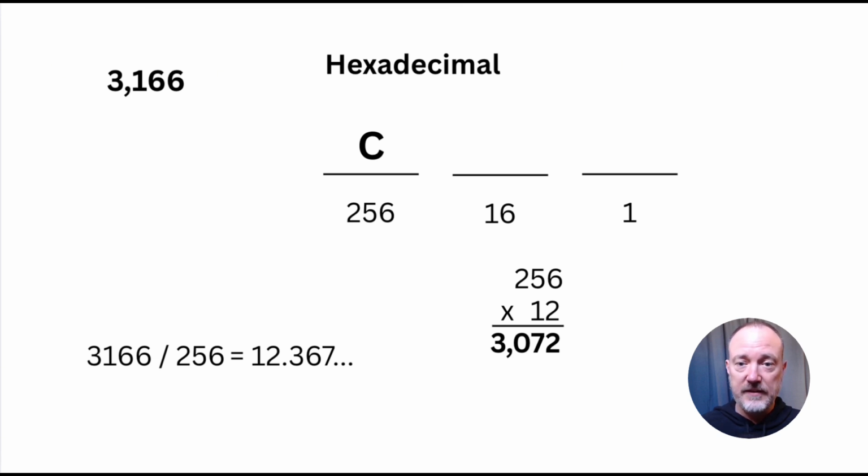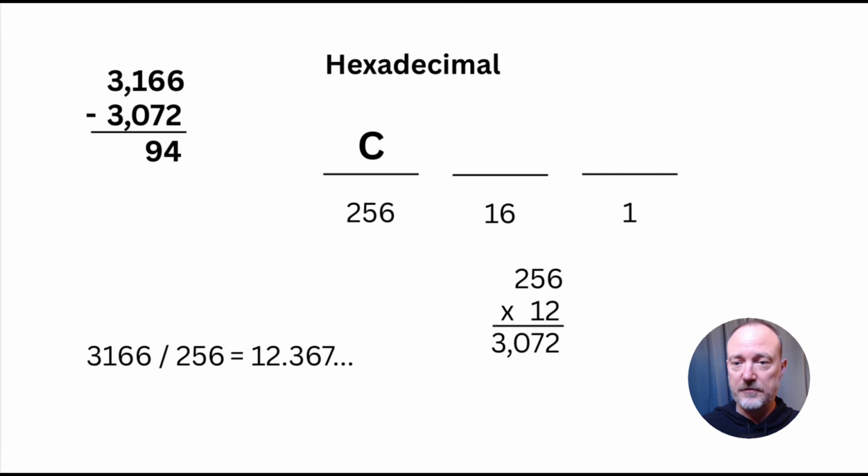So a hexadecimal C in the 256 place represents 3,072 decimal. So we have to figure out how much is still left of that 3,166 that we still have to represent in the other two places. So we subtract that 3,072 from 3,166, and we're left with 94.